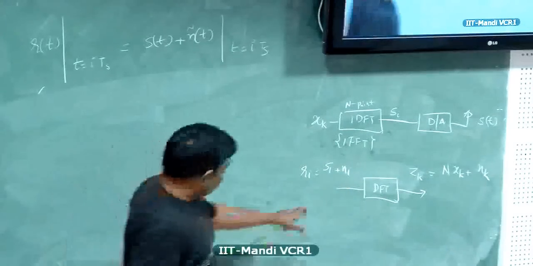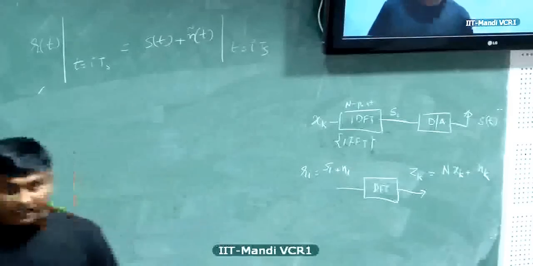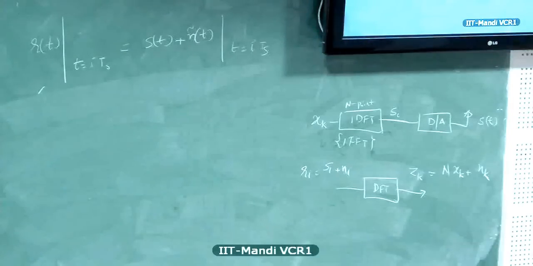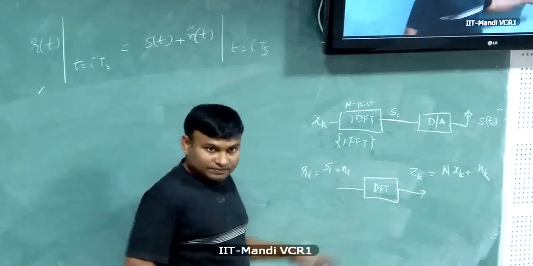We do know the properties of noise n of I, which is collected at the ADC output. n of I is a sequence of complex Gaussian random variables, and they have zero mean, equal variance, the same probability density function, and they are statistically independent of each other, uncorrelated. Since they are Gaussian, uncorrelatedness means statistical independence. So n of I is an IID complex Gaussian noise sequence.